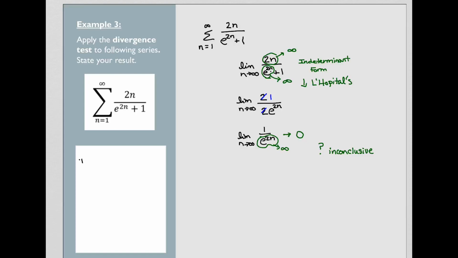So, the nth term divergence test, or simply the divergence test, is inconclusive.